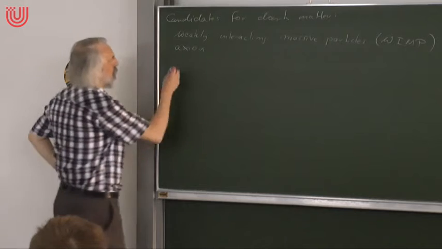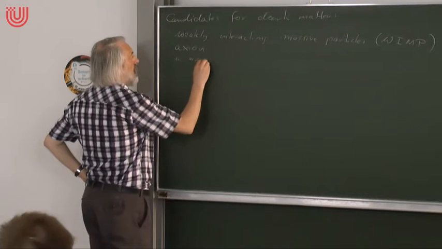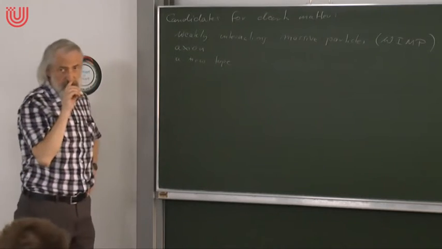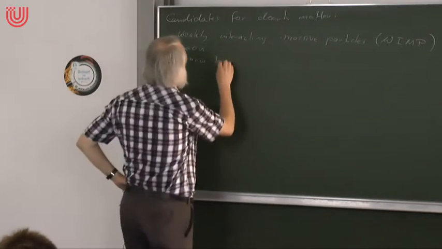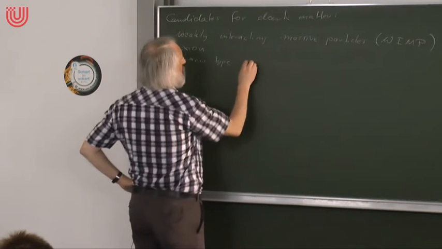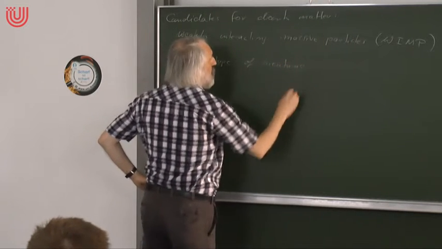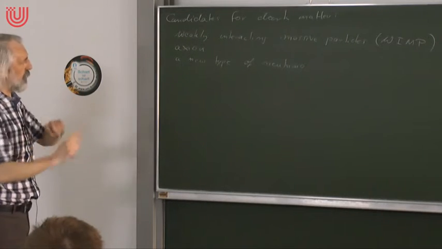And there's also the idea that it might be a new type of neutrinos. We know since a couple of years that neutrinos actually are massive. Yeah? In the beginning, for many years, people thought that they had rest mass equals 0. We know by now that they do have a rest mass. And we know that there are several types of neutrinos which can change into each other.